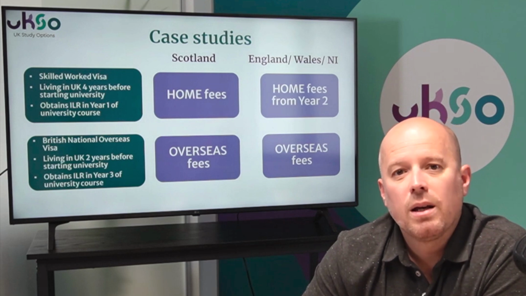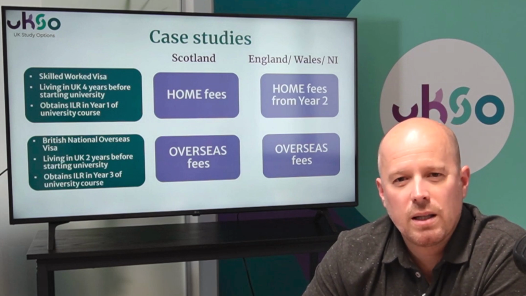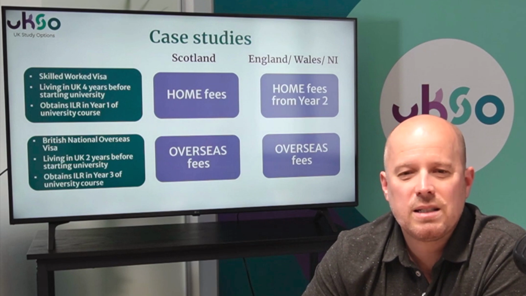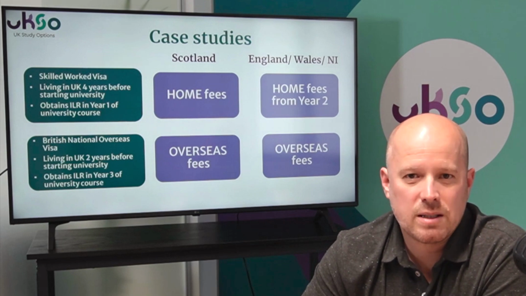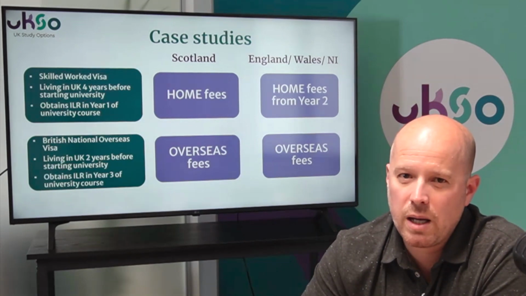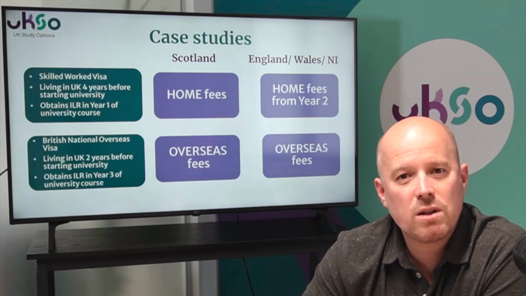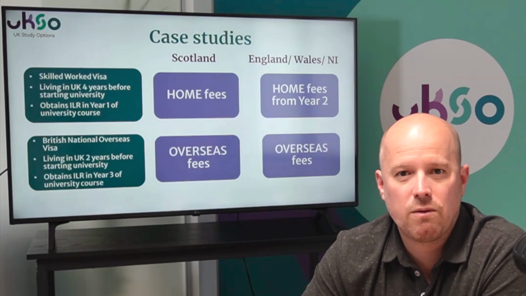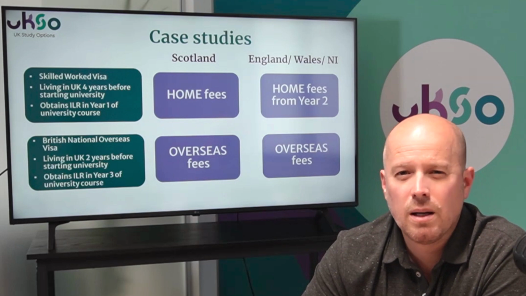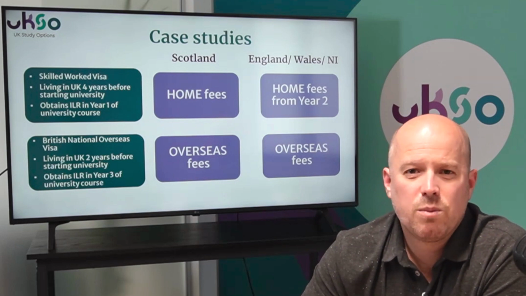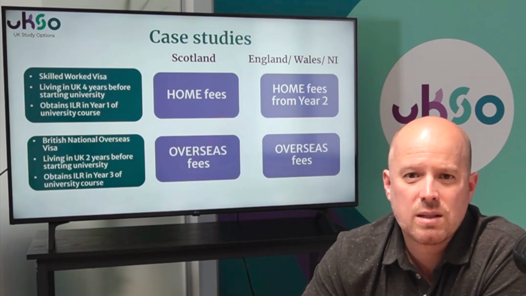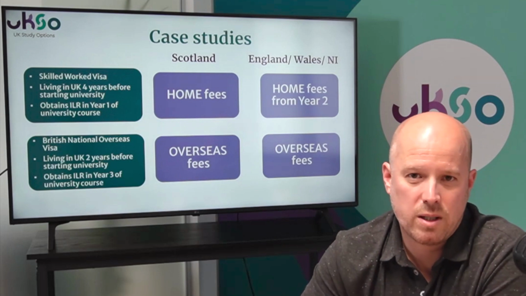Now, really important to remember that ordinary residence is not the same as living somewhere. So there could be grounds in certain specific circumstances where even though they've only been living in the UK for 2 years before university, perhaps even before that they had claims to say that they were still ordinarily resident in the UK.